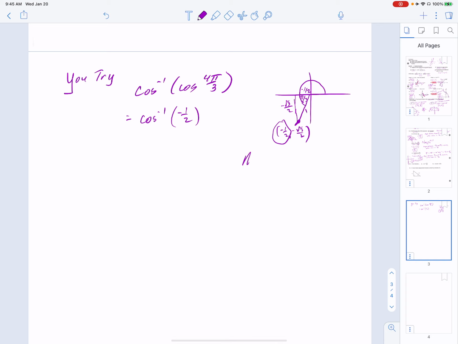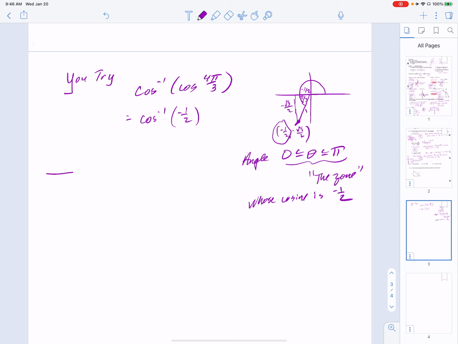So now you need the angle such that, sorry, 0 is less than or equal to that angle is less than or equal to pi, because that's the zone whose cosine is -1/2.